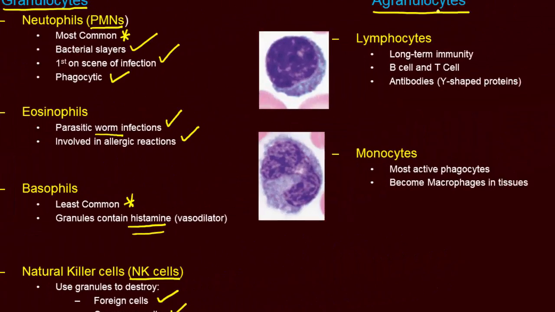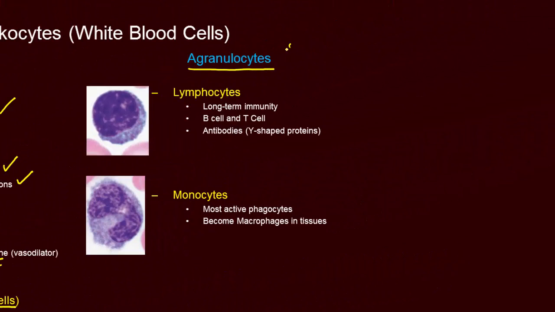Okay, agranulocytes. So agranulocytes do not have cytoplasmic granules. The types of white blood cells that we see do not have cytoplasmic granules. One of them are called lymphocytes. There are two different varieties of lymphocytes, B cells and T cells. These are going to be our really important cells that are going to help us have long-term immunity to a particular pathogen.